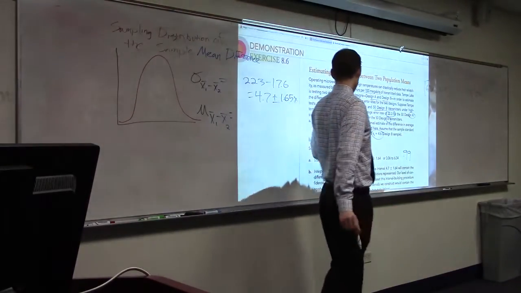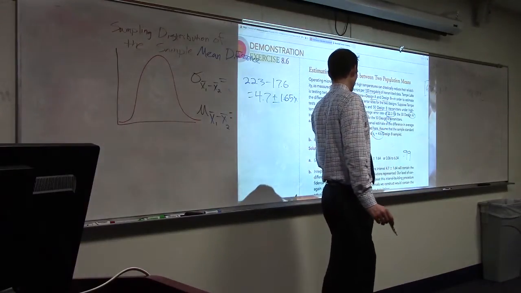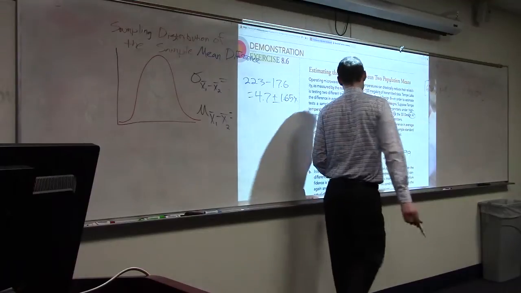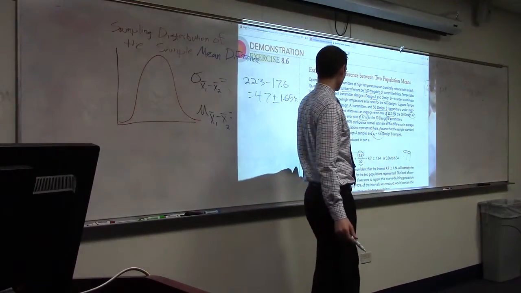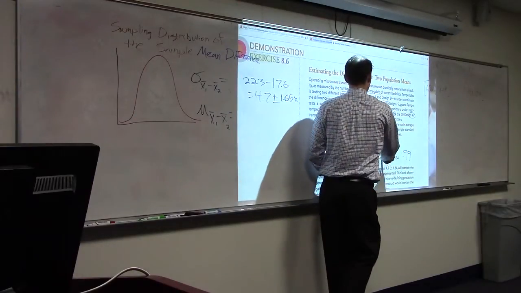So if you crunch all these numbers, including under the square root and the square root, you'll get 0.99. And then you'll multiply 1.65 times 0.99, and you'll get 1.64.